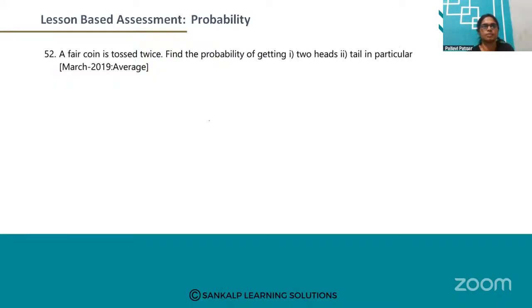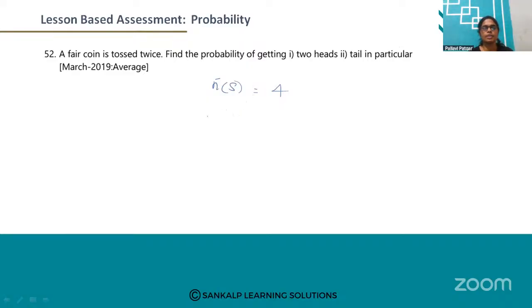Look at the 52nd question. A fair coin is tossed twice. Find the probability of getting two heads, and a tail in particular. So here the total possible outcomes when a fair coin is tossed twice: n of S is head head, head tail, tail head, tail tail. So the total number is 4. So here two heads.